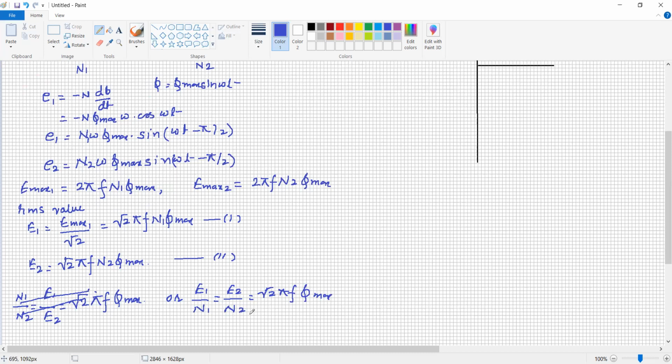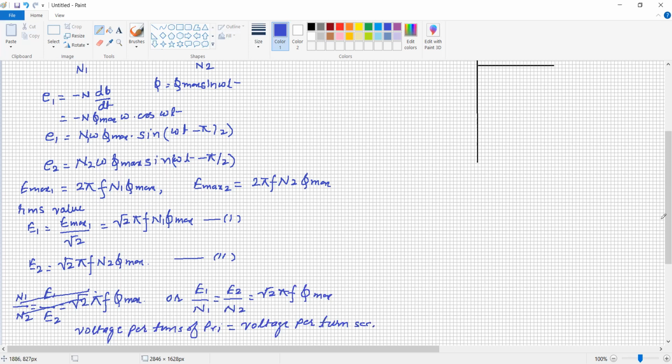So it is quite clear that the voltage per turn of the primary is equal to the voltage per turn of the secondary. These points we already covered in the last lecture.